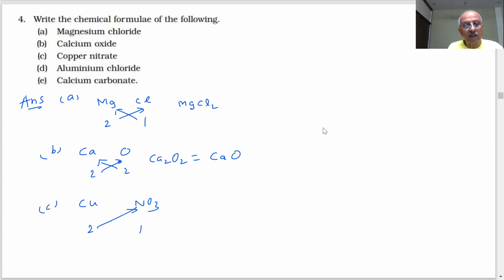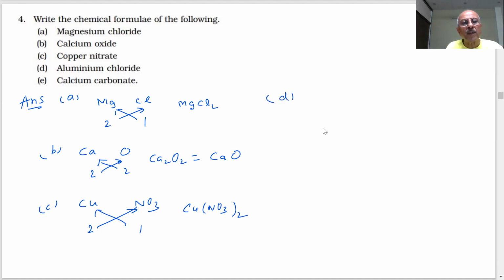Then crisscross. What will be the formula, student, then? What is the formula? CuNO3. Then we have to write in parentheses because it is a polyatomic ion. Polyatomic ion. All right.